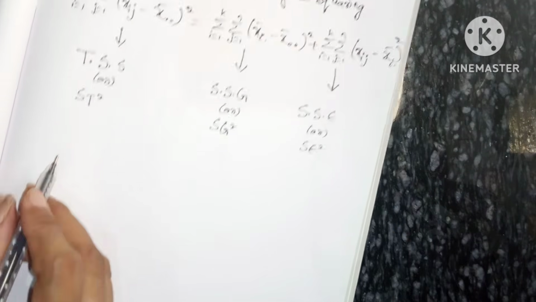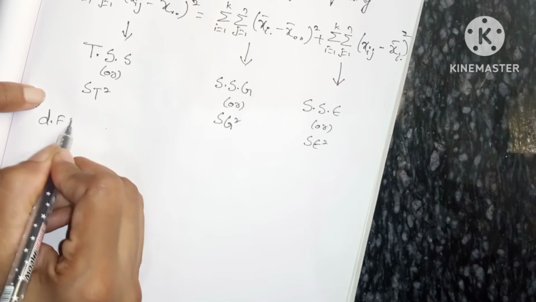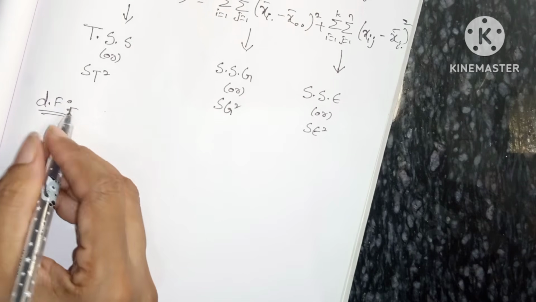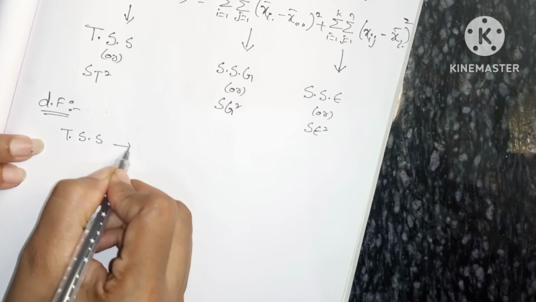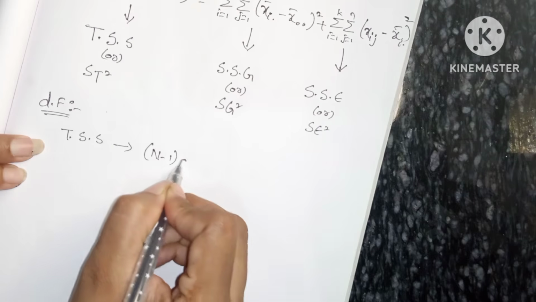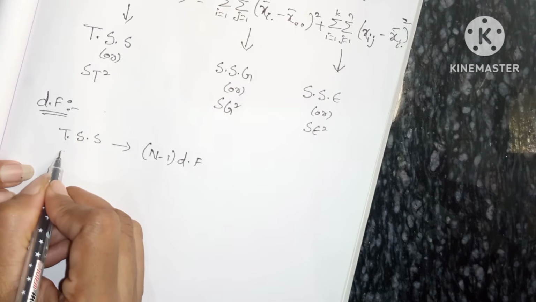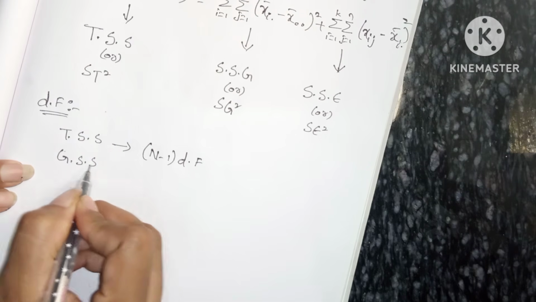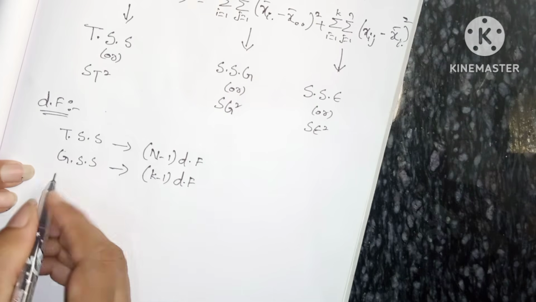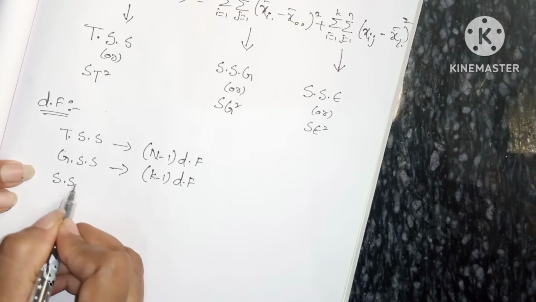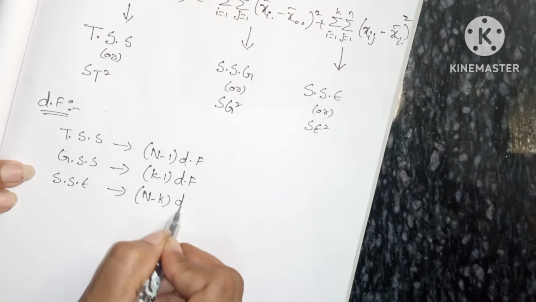Okay, so now degrees of freedom. Total sum of squares, TSS, follows N minus 1 degrees of freedom. Okay. So next, group sum of squares, GSS or SSG, follows k minus 1 degrees of freedom. Okay. Next, error sum of squares follows capital N minus k degrees of freedom.